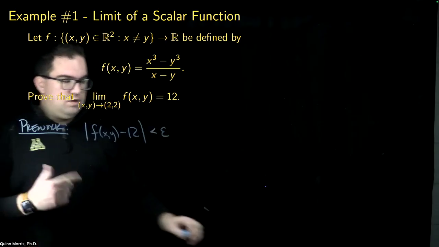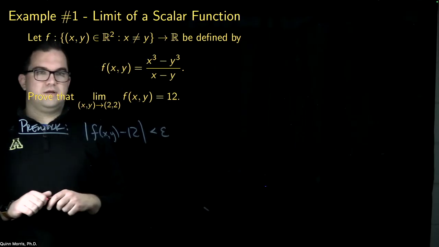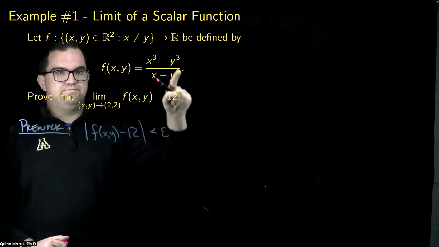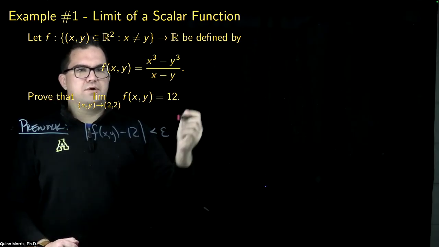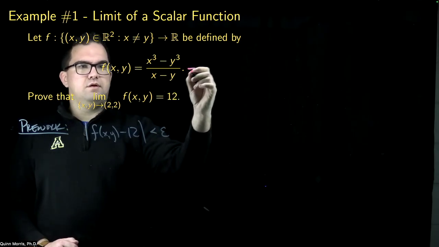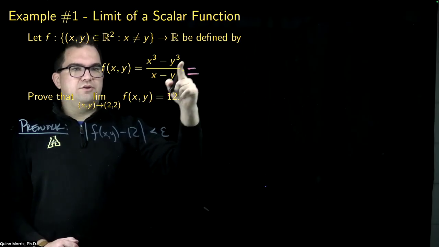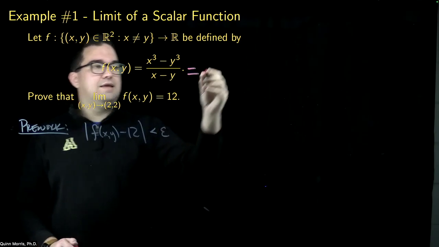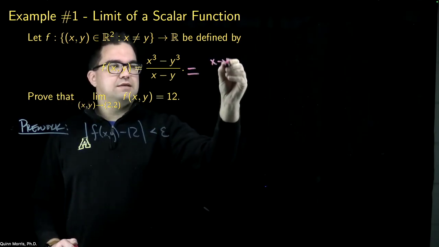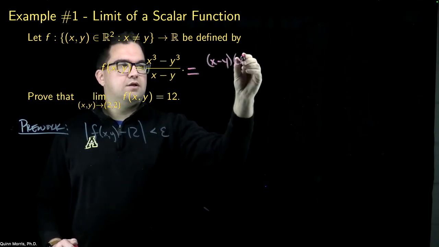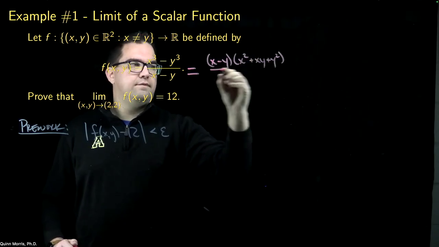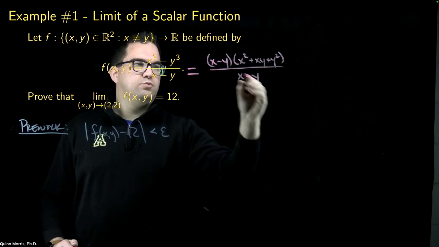Okay. So the first thing I'm going to do is come up here and look at this expression. One of the things that I'm going to note is that the numerator is a difference of two cubes, and it will in fact factor as (x minus y) times (x squared plus xy plus y squared), over x minus y.